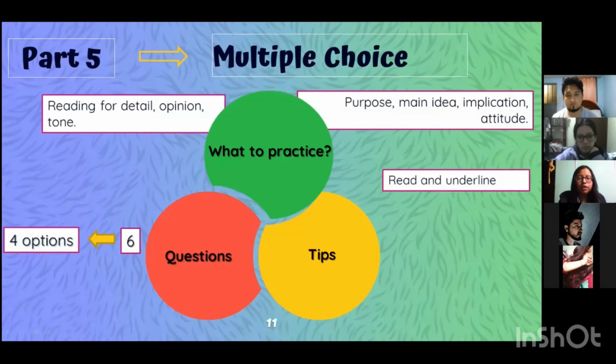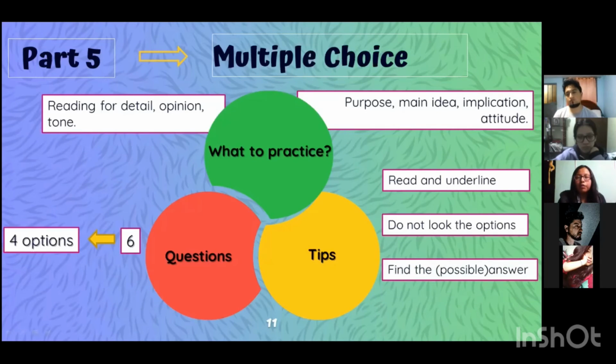Some tips for this part are: read and underline the most important part of the question, and do not look at the options first, to avoid mistakes. We need to identify the possible answer before looking at the options. And after that, we have to compare our possible answers with the options.